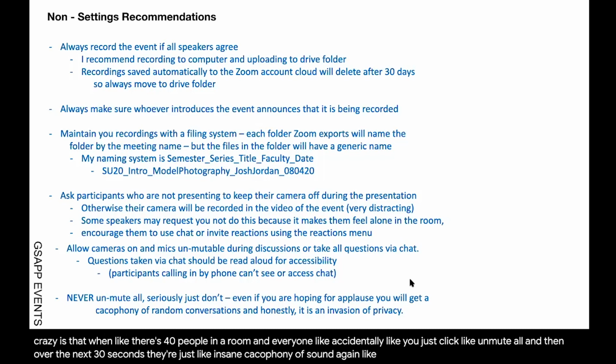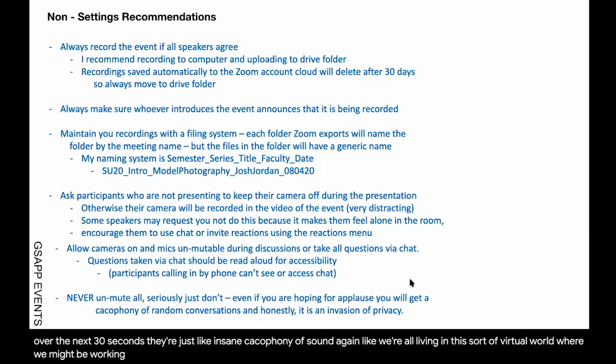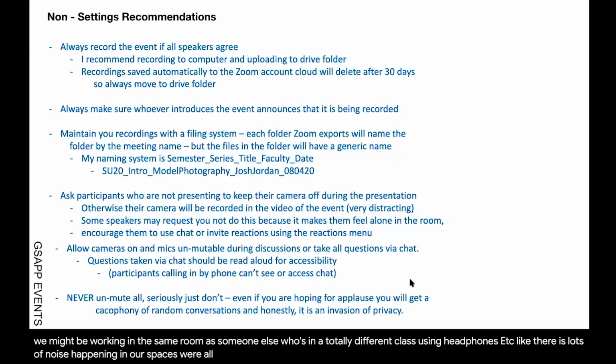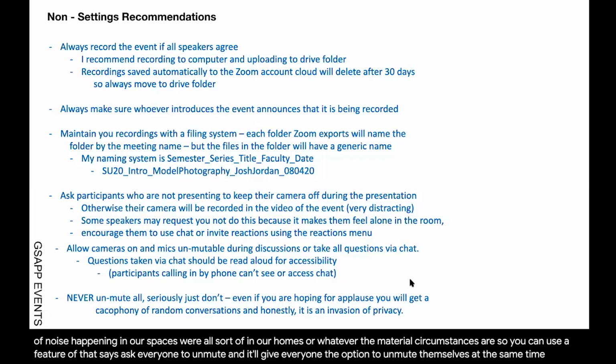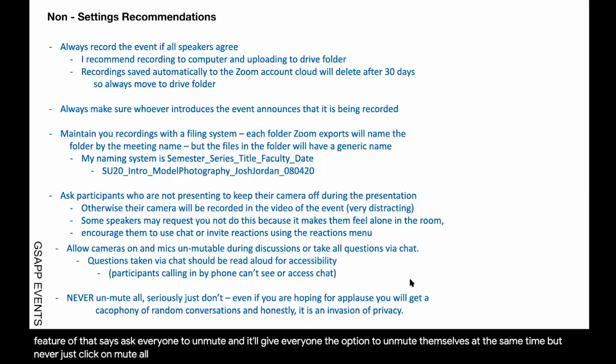Again, we're all living in this virtual world where we might be working in the same room as someone else who's in a totally different class using headphones, etc. There is lots of noise happening in our spaces. We're all in our homes or whatever the material circumstances are. So you can use a feature that says ask everyone to unmute, and it'll give everyone the option to unmute themselves at the same time, but never just click unmute all. I feel like it's a huge invasion of privacy to do that.